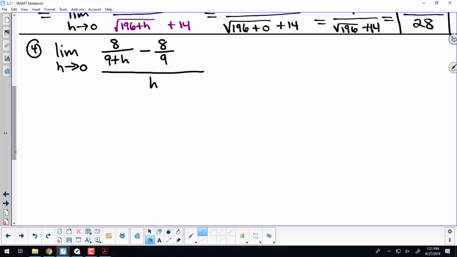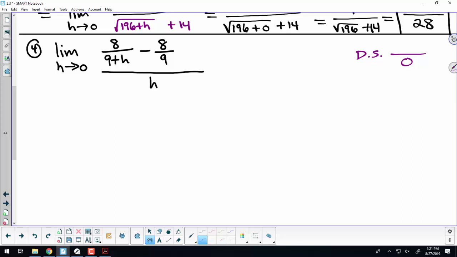Evaluating this directly, we'll end up dividing by 0, which, as we've seen many times in the sense of a limit, doesn't necessarily mean that the limit doesn't exist, right? So when that happens with direct substitution, it's not a reason to just stop and say there is no limit.